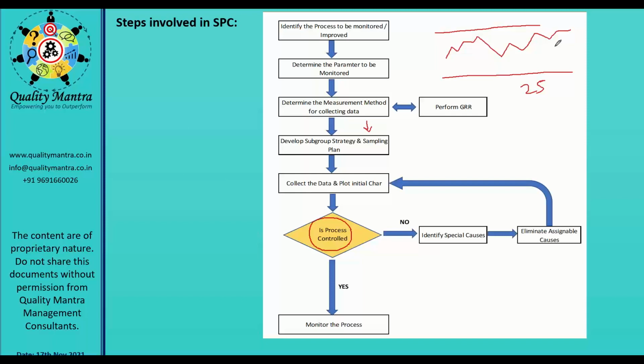How will you know? How will you come to know whether the process is in a state of statistical control? Yes, people, how do you come to know that yes, the process is in a state of statistical control?